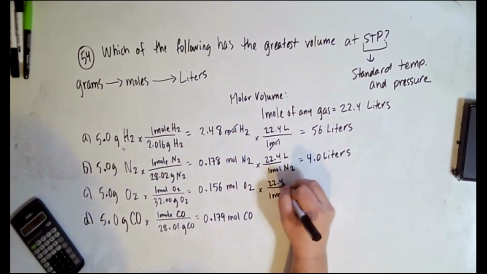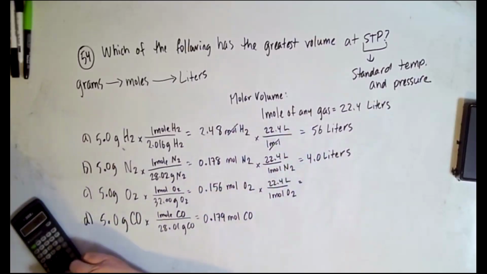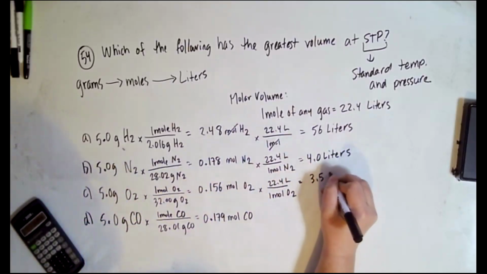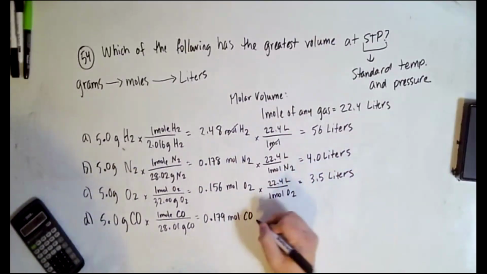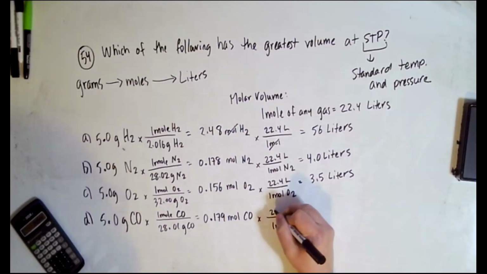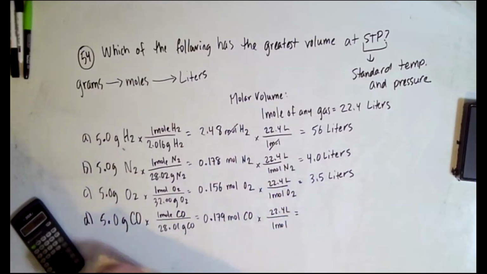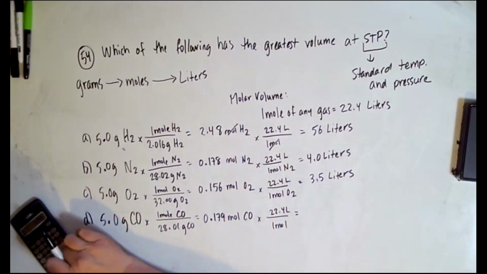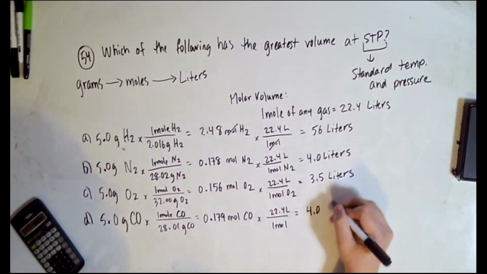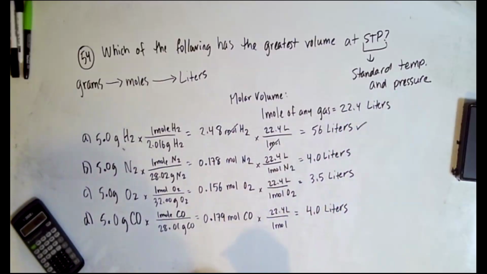But if you don't feel comfortable making that association without proving it to yourself, then you can just go through and use the molar volume for each one, and it'll show you. Okay, so clearly our winner here is going to be our hydrogen with 56 liters.